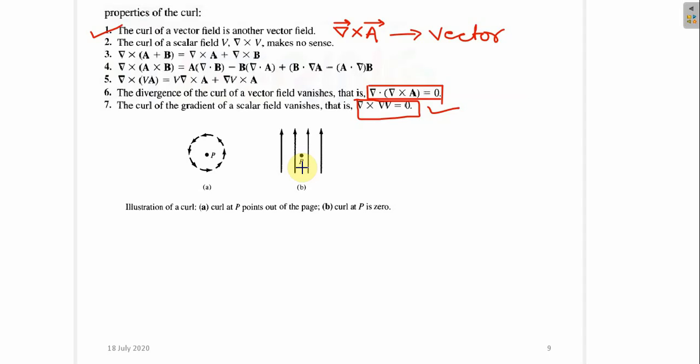Now we have seen the divergence and curl. Now it is important to discuss two theorems based on them.